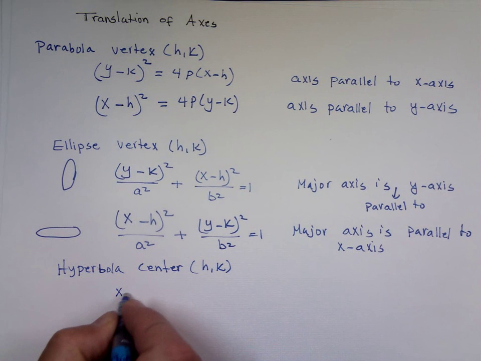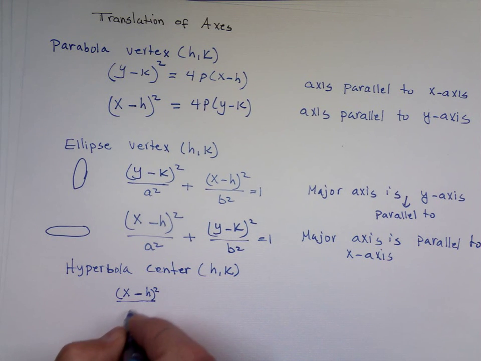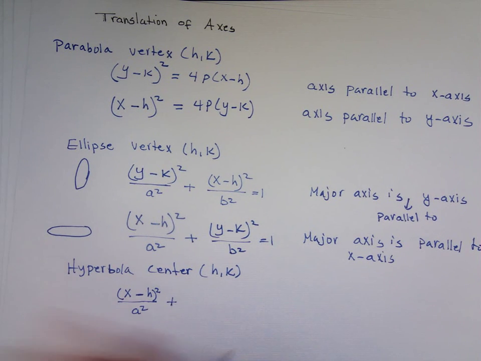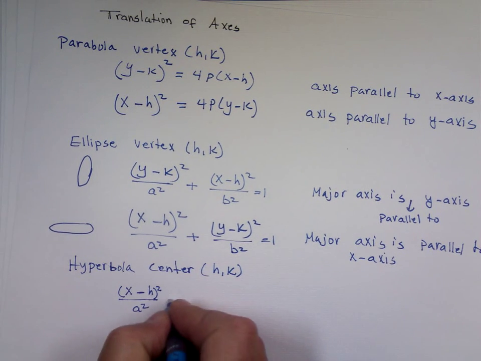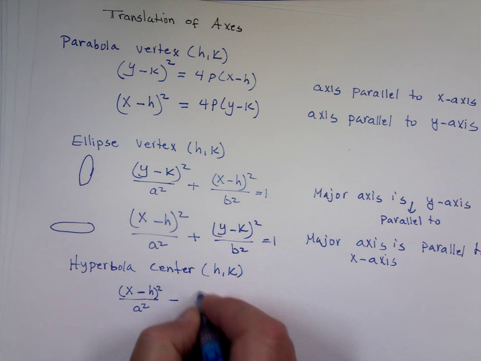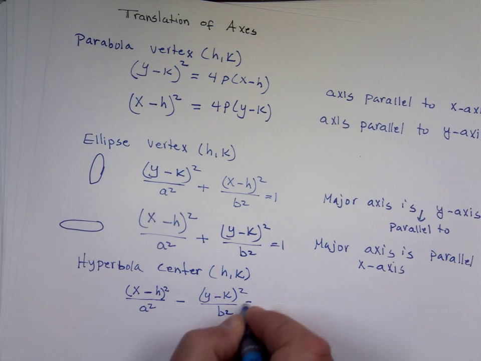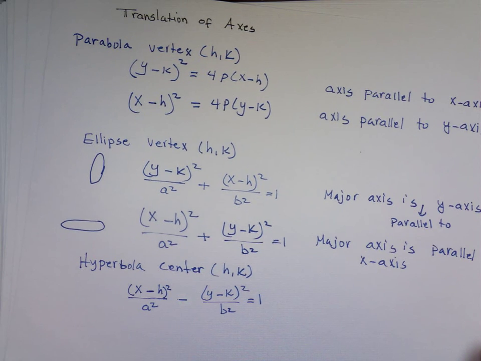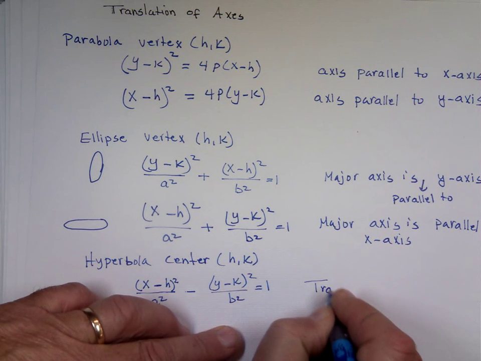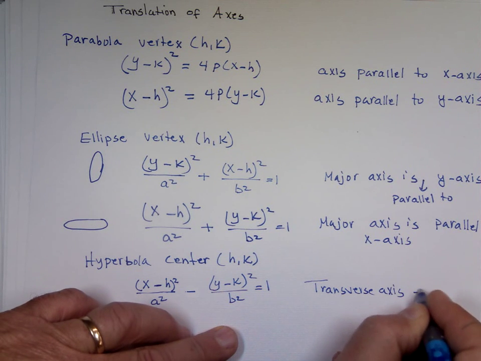If the x is positive, (x minus h) squared over a squared, minus, a hyperbola is always a minus, there's no plus in a hyperbola, minus (y minus k) squared over b squared equal to 1. The transverse axis, that's twice a, is going to be along which axis? The x-axis, in the x direction.